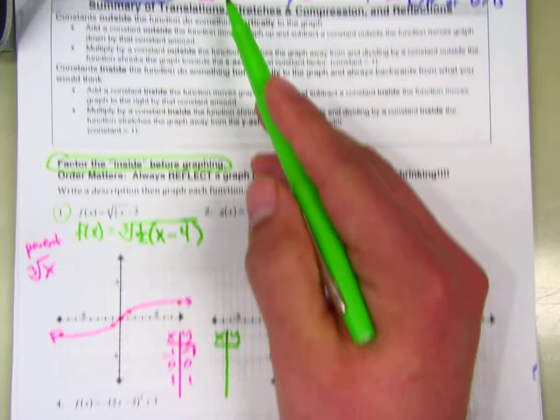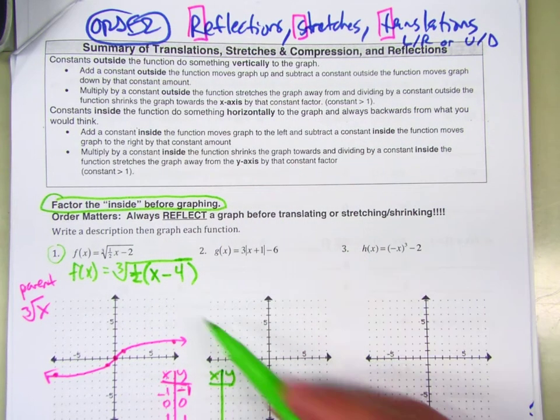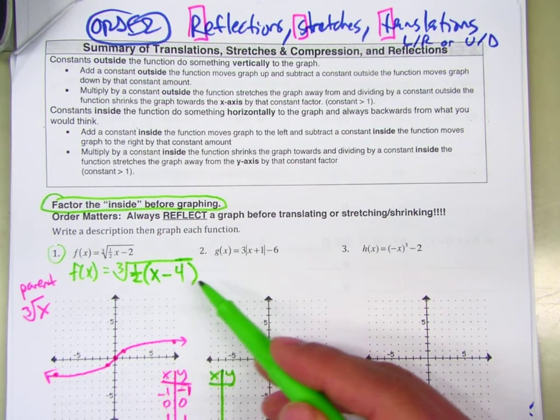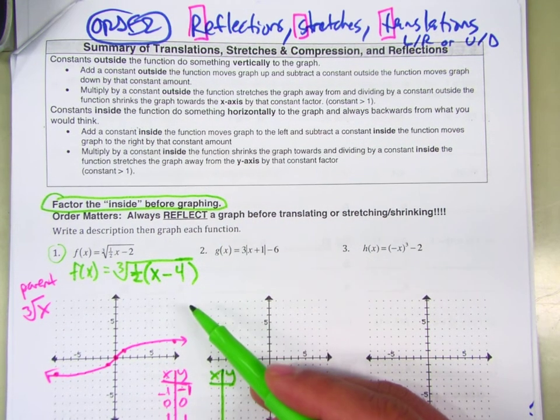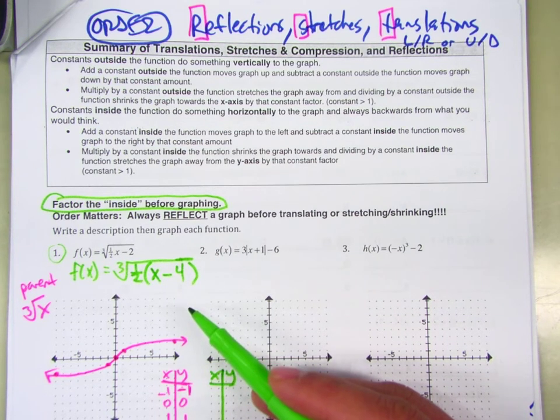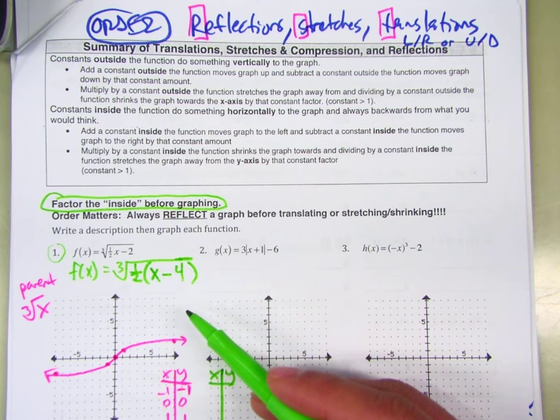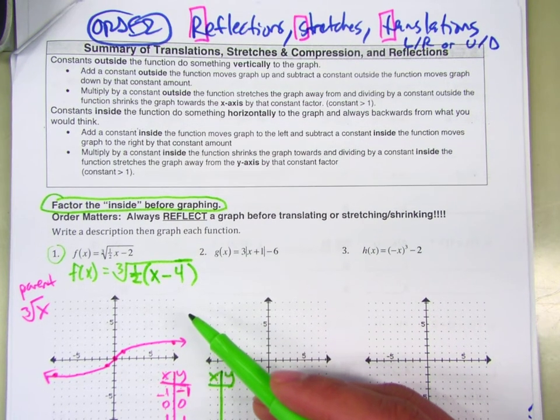Are there any reflections in this new graph? Yes or no? Somebody said no, and I agree. Yes, question? How do we know if it has a reflection? That's a good question.